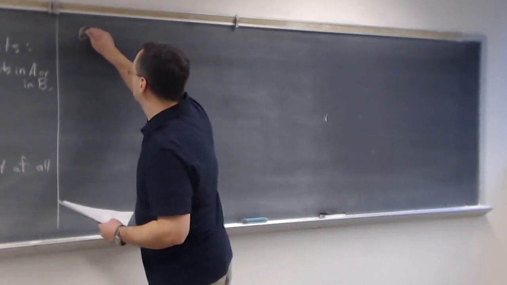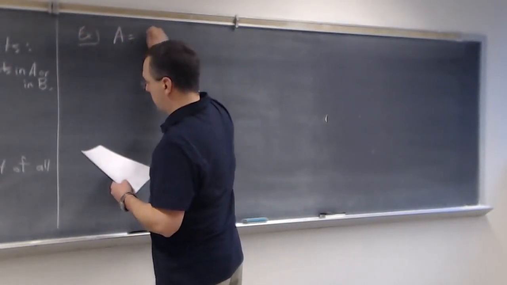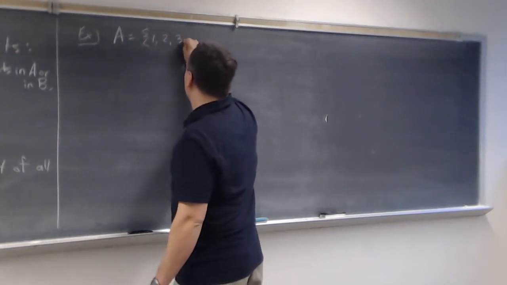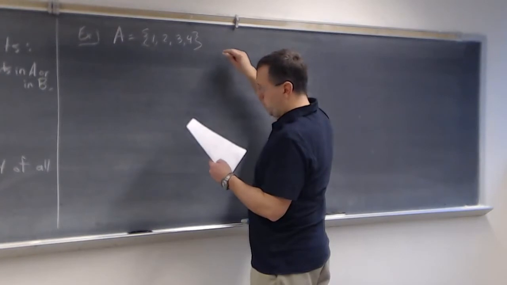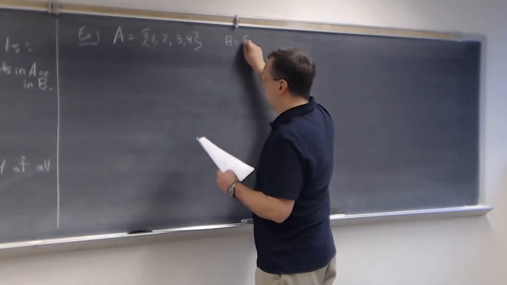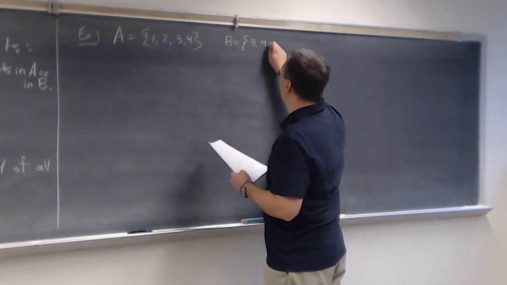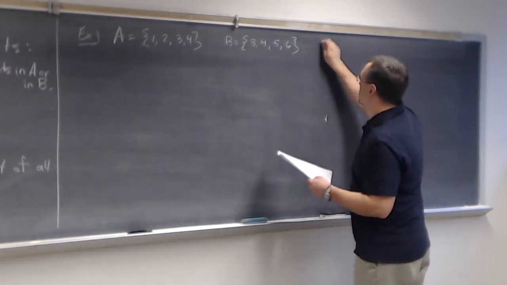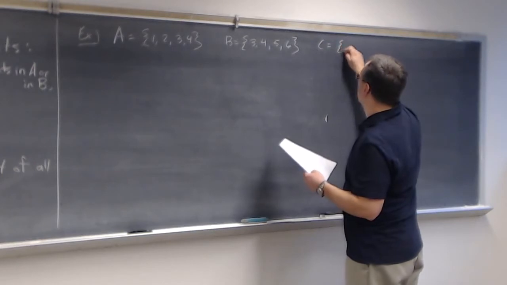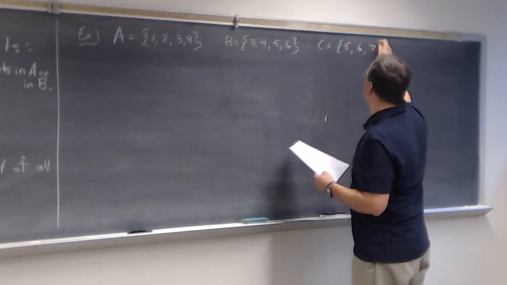Example. A is a set containing the numbers 1, 2, 3, and 4. B is a set containing the numbers 3, 4, 5, and 6. C is the set containing the numbers 5, 6, and 7.